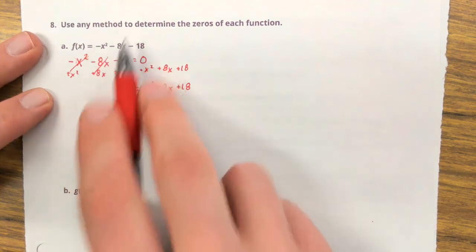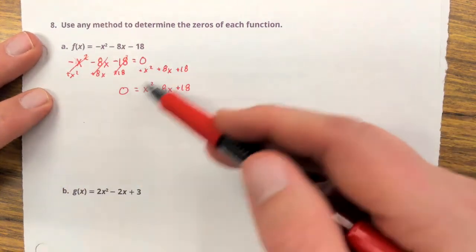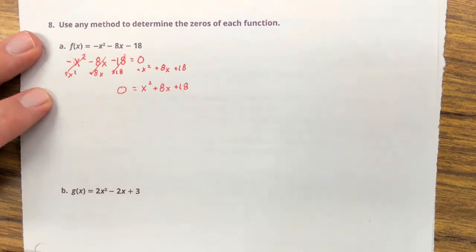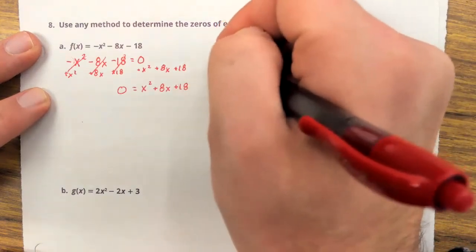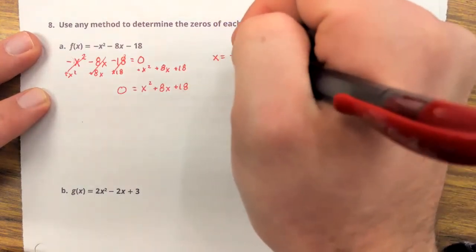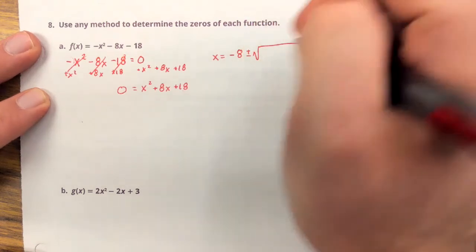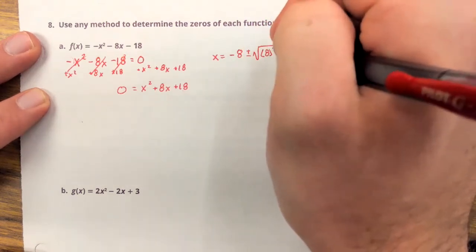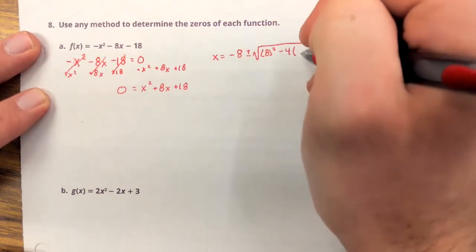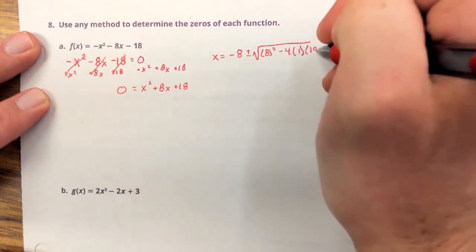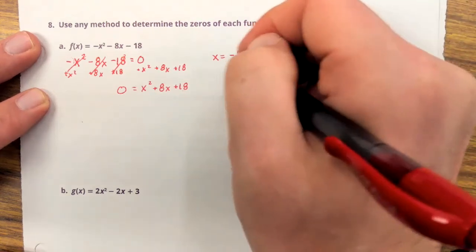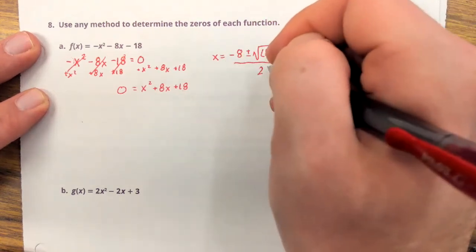The method that I would use to determine zeros, when you give a function like this, is just use the quadratic formula. So x equals negative b, which b is 8 in this case, plus or minus the square root of b squared minus 4ac, all divided by 2a.